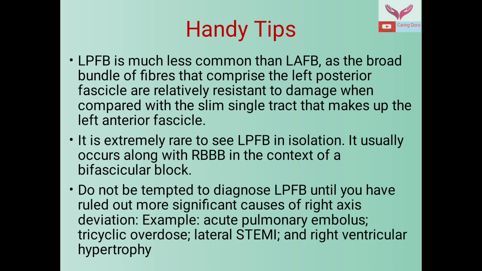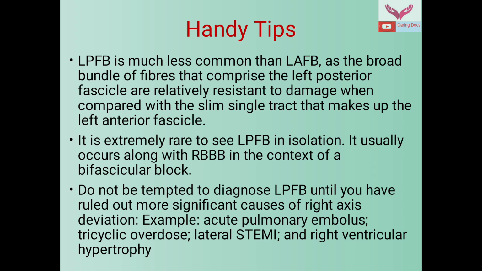we should remember that left posterior fascicular block is much less common than left anterior fascicular block, as the broad bundle of fibers that comprise the left posterior fascicle are relatively resistant to damage when compared with the slim single tract that makes up the left anterior fascicle. So it is extremely rare to see left posterior fascicular block in isolation.